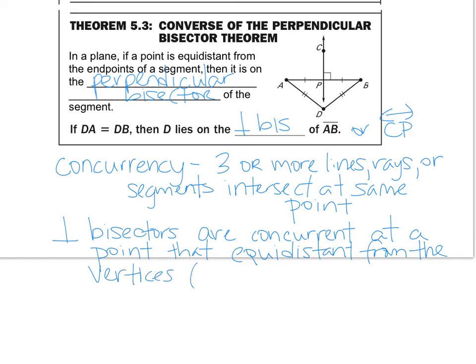That point is called the circumcenter, and you will need that for your project. Okay, in a triangle.